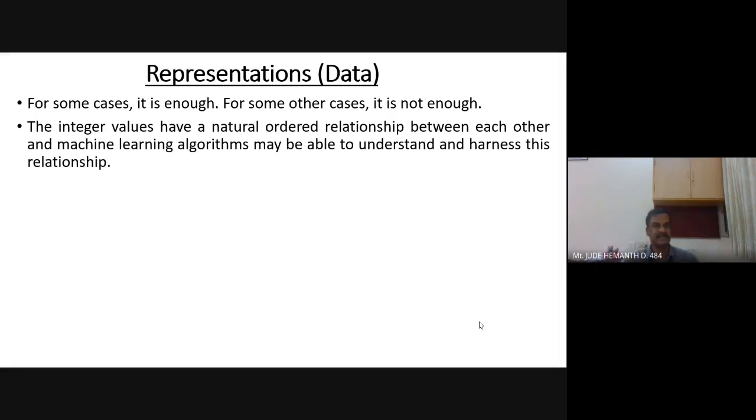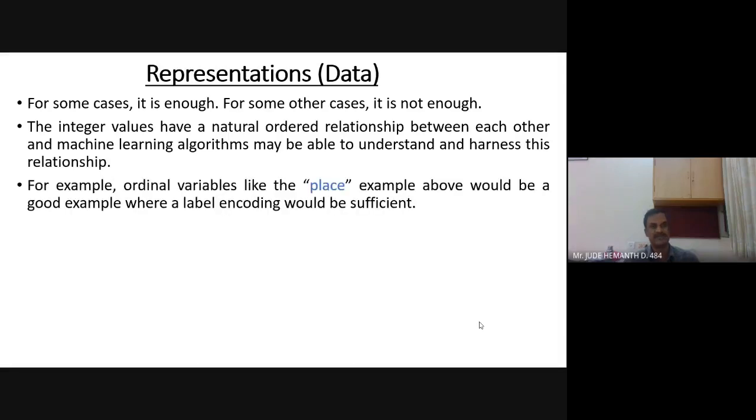The machine is going to guess why cat is 1 or why dog is 2, or at least it is going to tell that if the difference between the two animals is higher, then it is going to be dog, the other one it is going to be cat. So always your machine is going to draw or map some relationship between these numbers. In some cases it is not a big issue, but in some cases we will miss out the actual meaning.